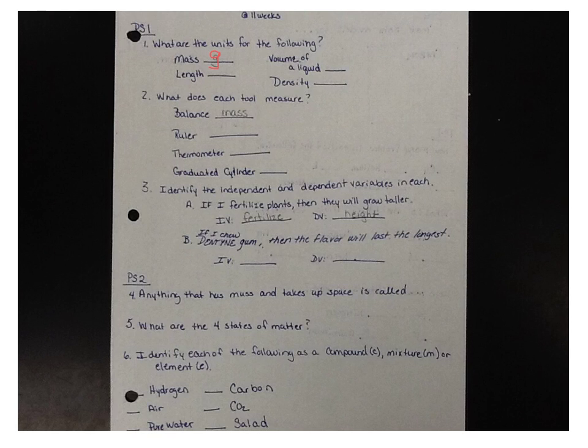The unit for volume is going to be milliliters or cubic centimeters. The unit for length is meters, and the unit for density is going to be grams per cubic centimeter or grams per milliliter.